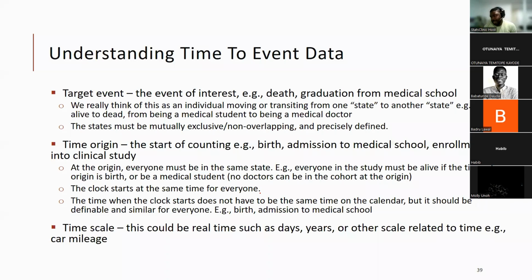Okay. All right. Example. You are an obstetrician and you're conducting a study looking at the effect of zinc supplementation on whether the baby survives or not.